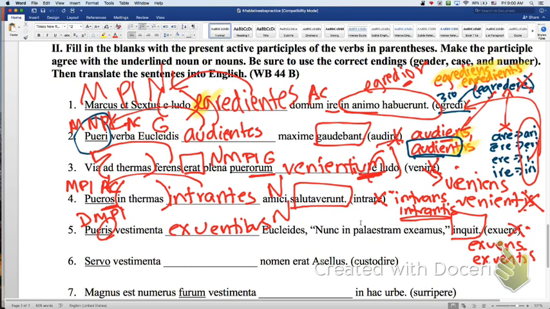So Euquates says to the boys, taking off their clothes, there we go. Now we are going into the palestra. What was the palestra? Yeah, the exercise ground.